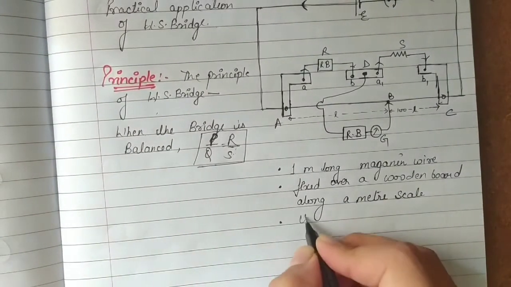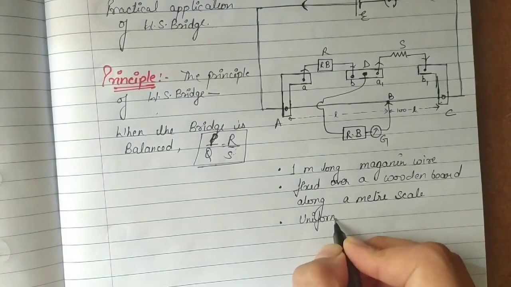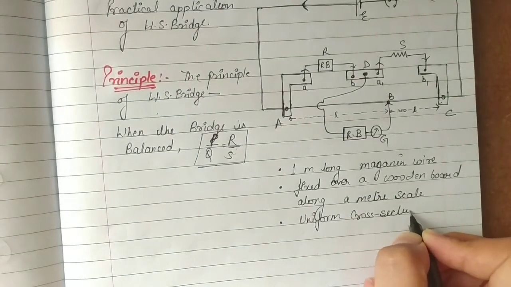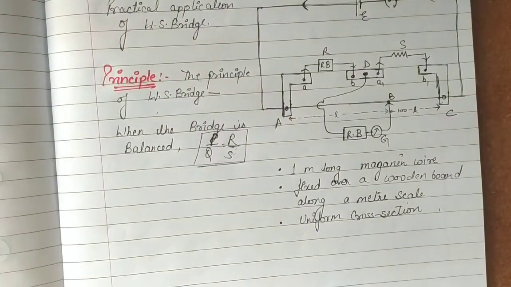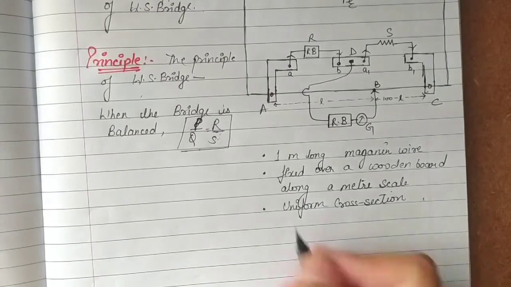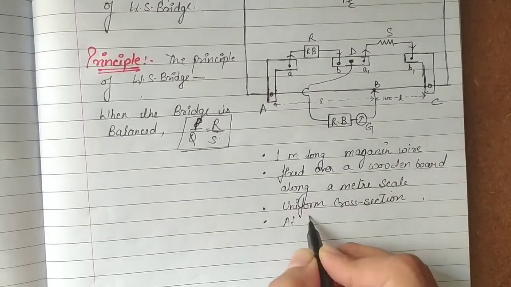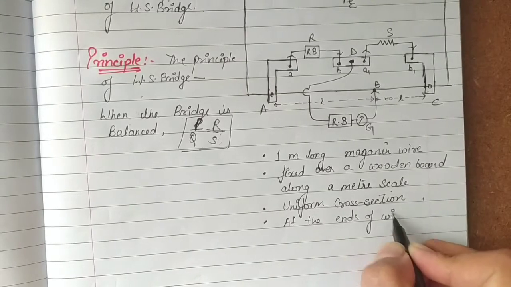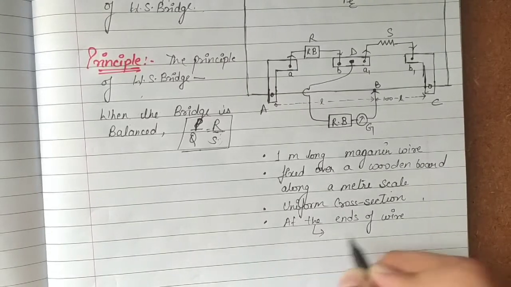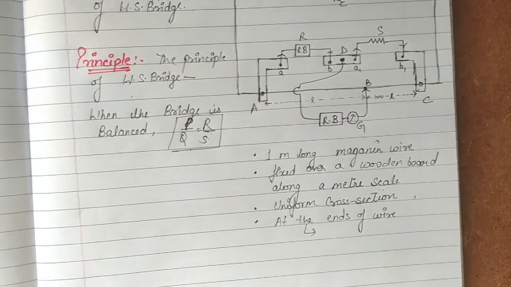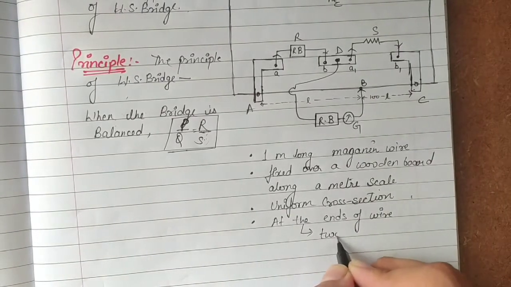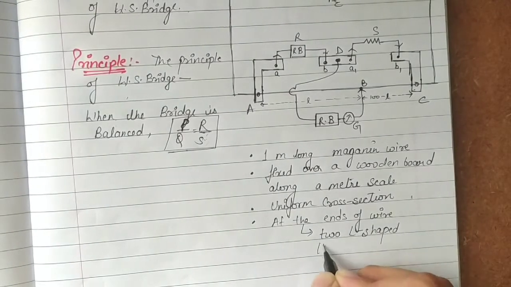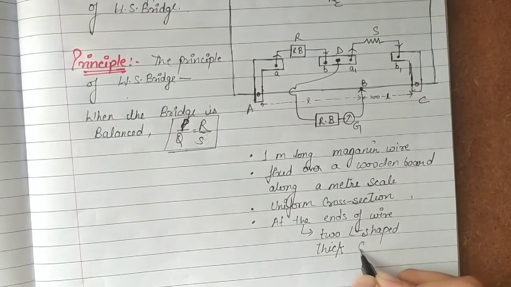The wire has uniform cross section. This is a must. The wire should have uniform cross section, and at its two ends, means points A and C, there exist two L-shaped thick copper strips, right?